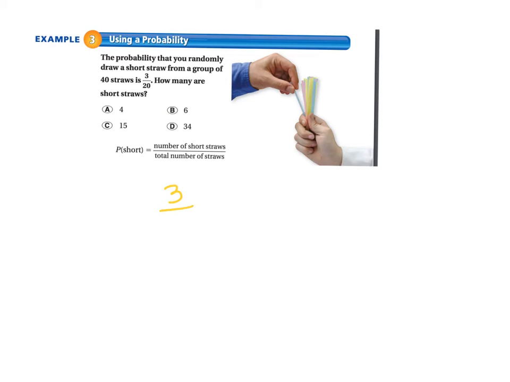They're giving me 3 over 20, and I'm just going to set up an equivalent ratio. There are apparently 40 straws altogether. See, group of 40. That means that there's 40 total, and the total goes in the denominator. So I'll say 40 here, and the question is how many are short? So what I'm looking for is the x in the numerator.